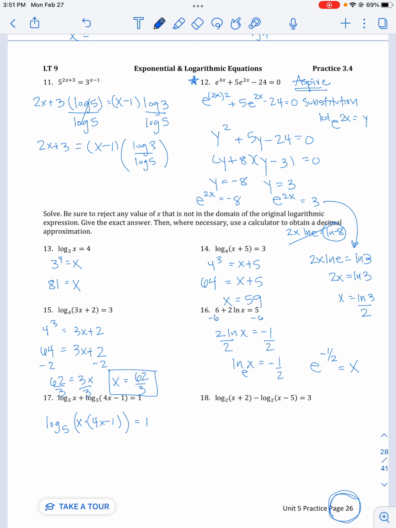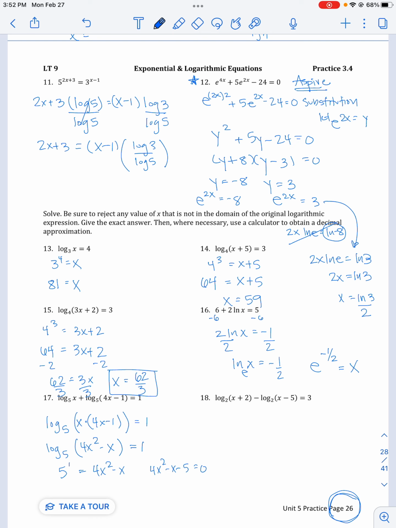So I've got log base 5 of 4x squared minus x as a quantity equals 1. So now 5 to the 1 is equal to 4x squared minus x. So it looks to me like 4x squared minus x minus 5 equals 0.